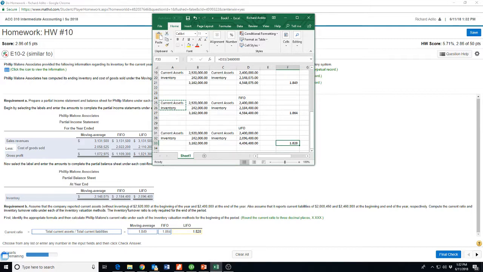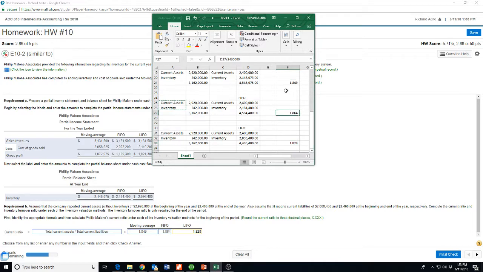Current assets without inventory at the beginning and end of the year. Okay, so that's the end of the year current assets. Assume that it reports current liabilities of $2,460,000.